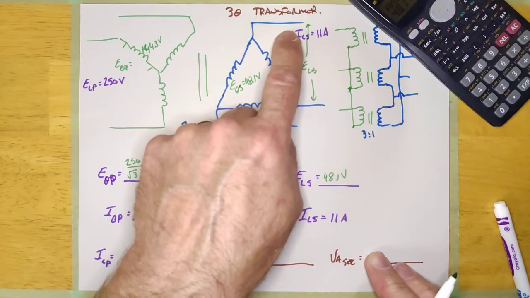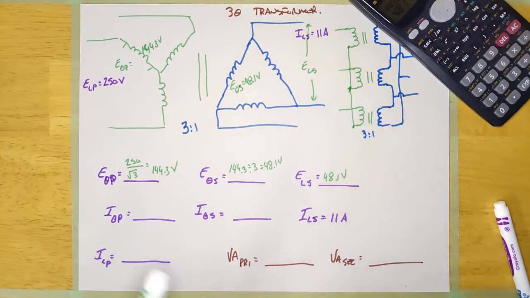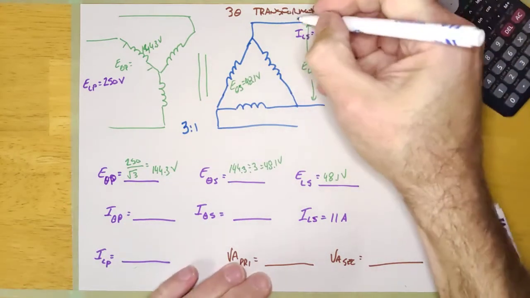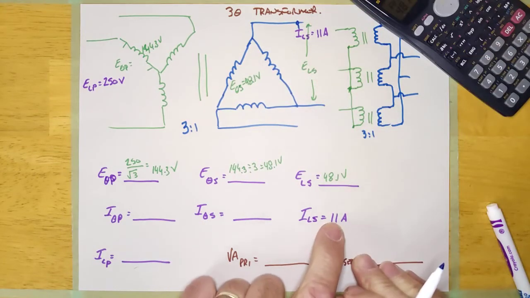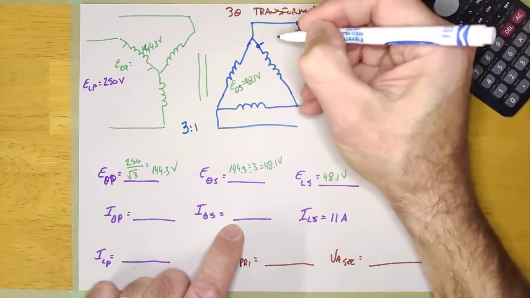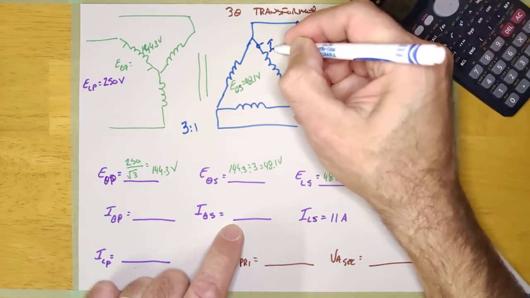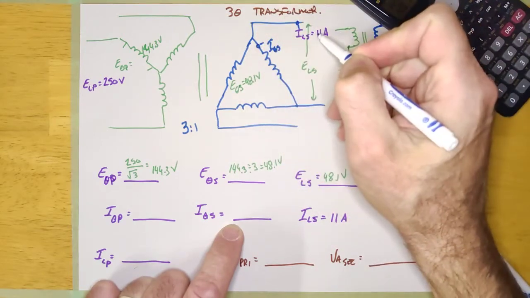It says the line current on the secondary side, which would be right there if I measured it, guys. Let's get a different color, right? That I line secondary would be right there. It's 11 amps, okay? So the question is, I phase secondary right there. What is that? Well, is it going to be more, less, or equal to 11?